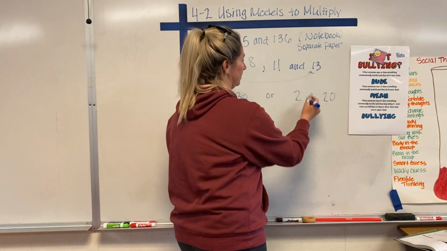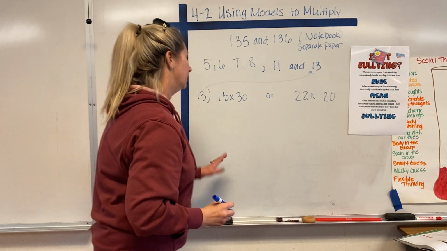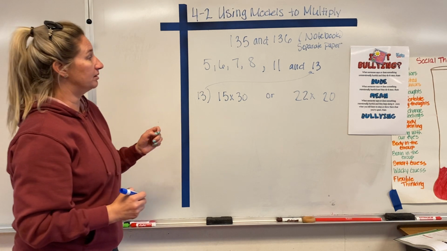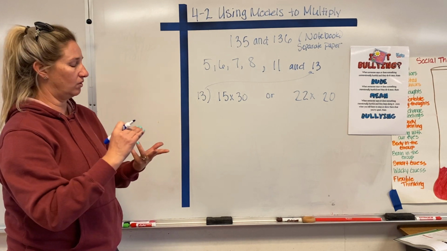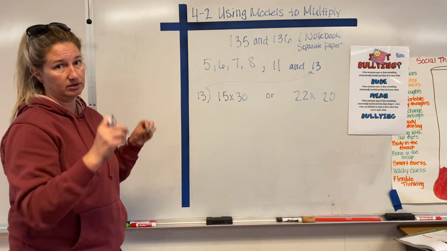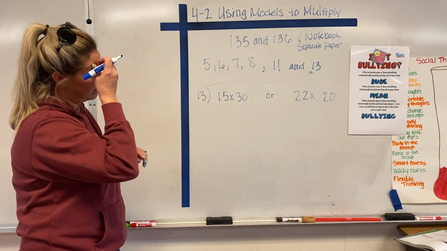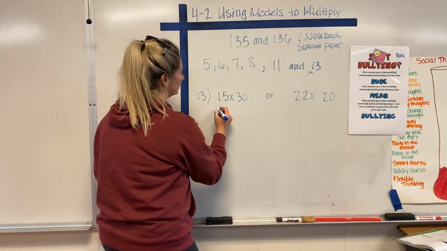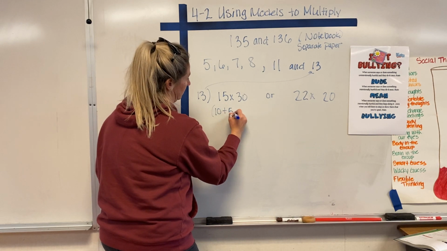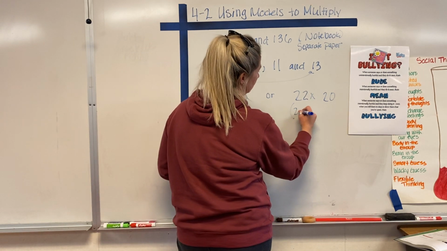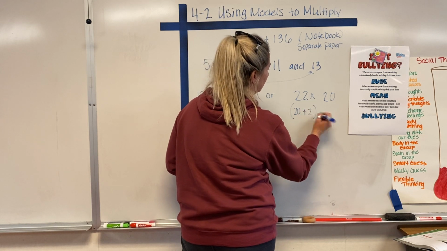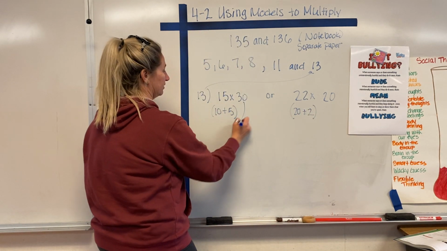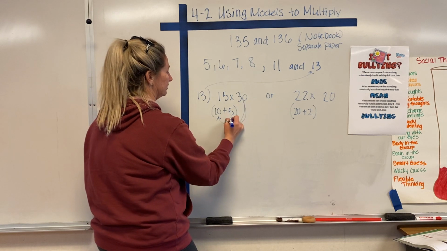I was getting all excited. So you're just going to do two problems, both of them either using the place value blocks or the box. You're splitting up your tens and ones, and this is 20 plus 2. And distributing the 30 to the 10 and the 30 to the 5.